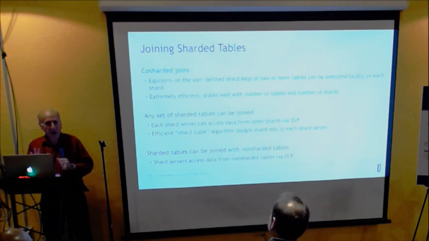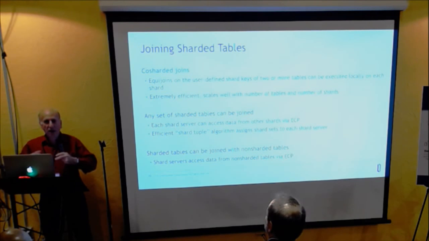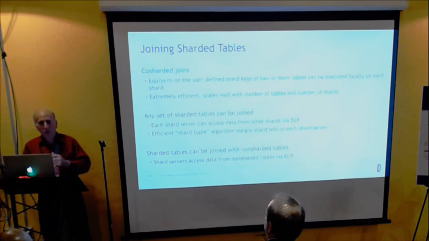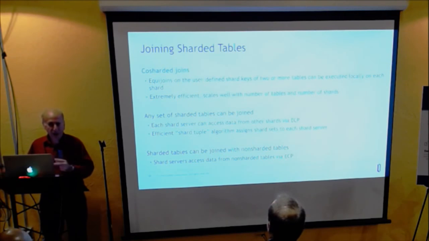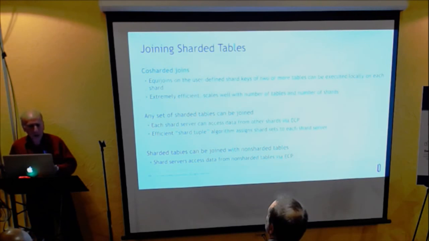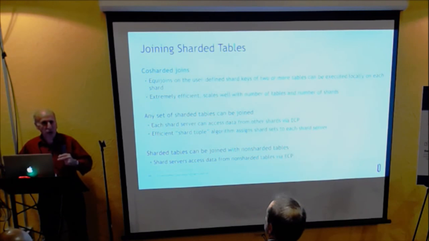What we provide is a three-part solution. For your most needed, most often used joins, we give a blindingly fast way of making them scale just as linearly as non-join queries, while we can also handle any join between sharded tables reasonably well.